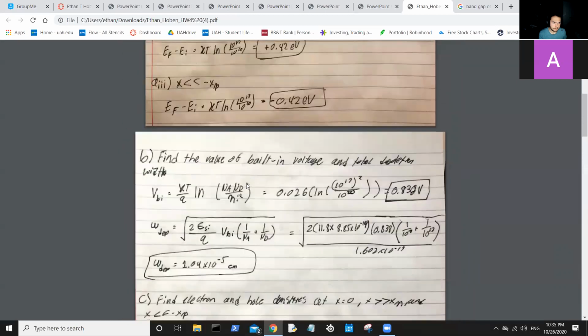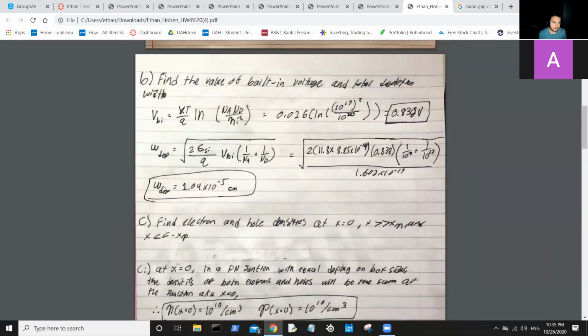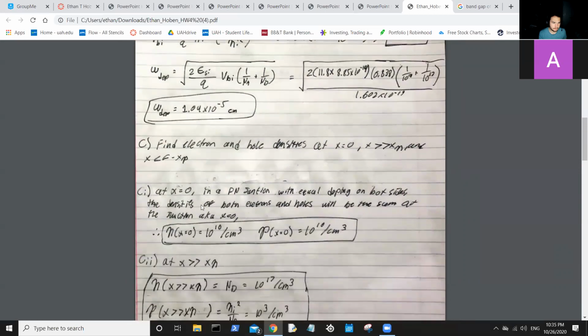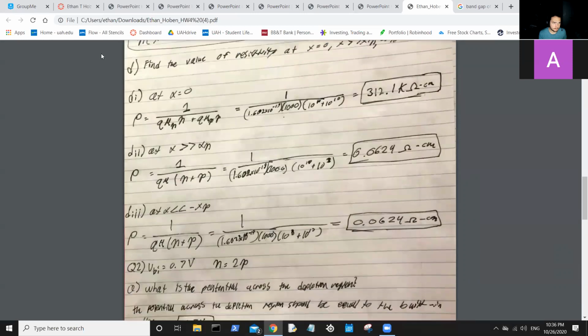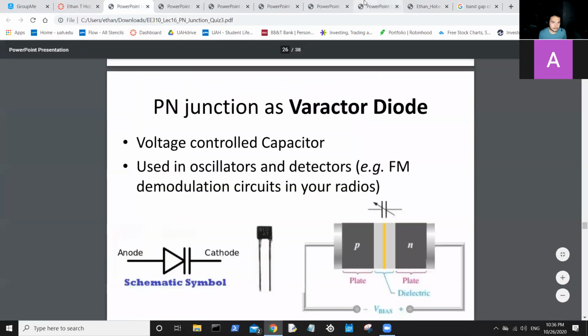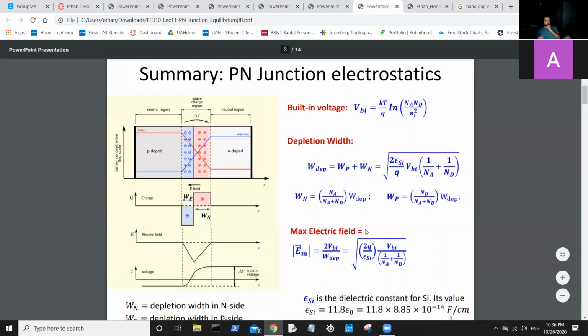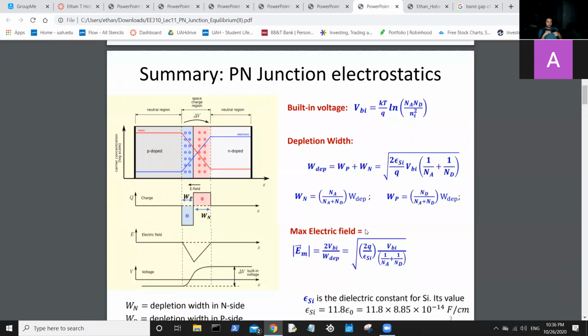This was C. Find the electron hole densities at x equals 0. Yeah, no, this was symmetric, wasn't it? Yeah, this is a symmetric one. I'm not exactly sure. Let me look at this for a second. So how would I solve for the resistivity at the junction point? The maximum resistivity point is there.